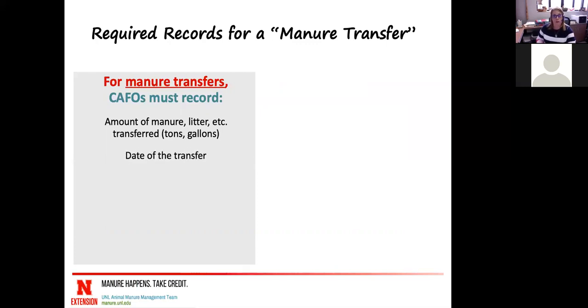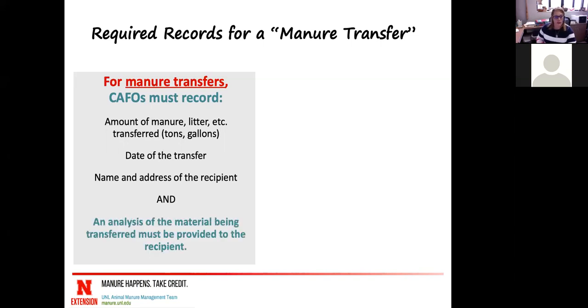They need to record the date or dates on which that manure was transferred, who it went to, and the address of that person. And then the other thing they'll need to do is provide the recipient of the manure with an analysis of the material that they're taking.